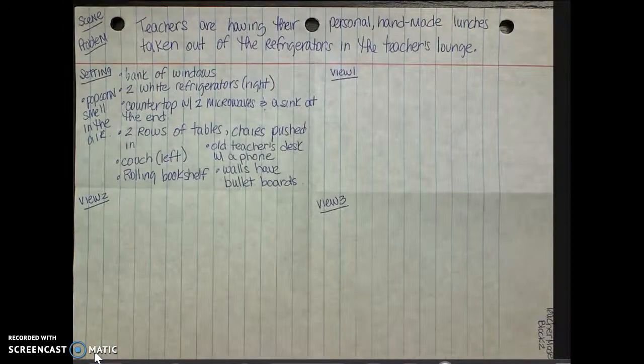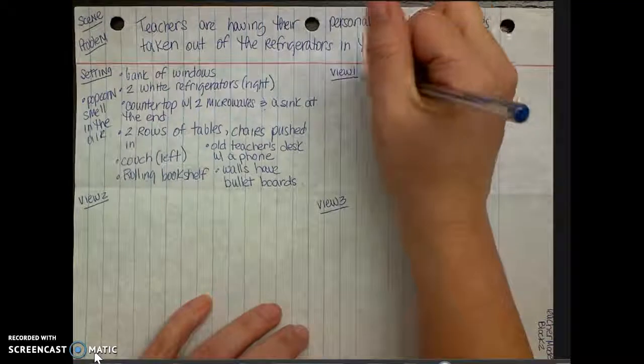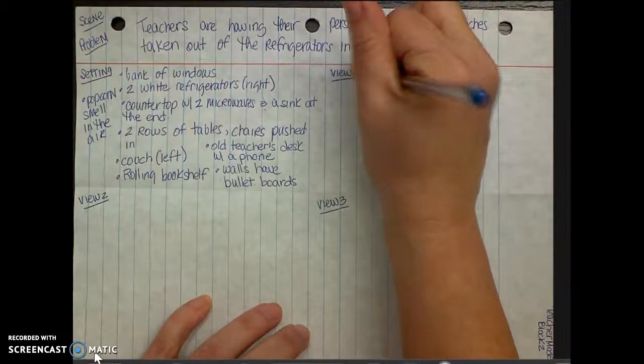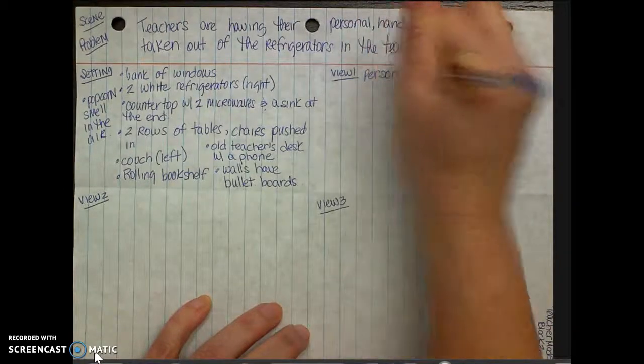Okay. Now, when I tell the points of view, remember you're telling one story that happens from 3 different points of view. So this point of view is going to be the person who gets their lunch stolen.